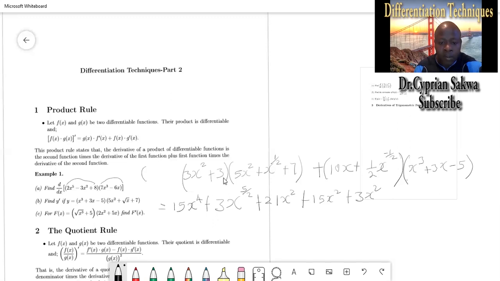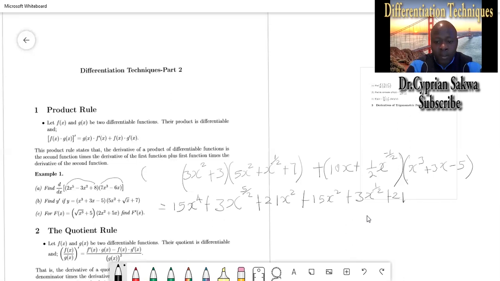This was 15. This would be 3x raised to a half. And then plus 21. We are done with these brackets. We come to the next one here.